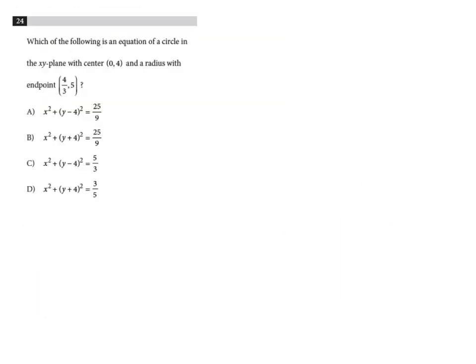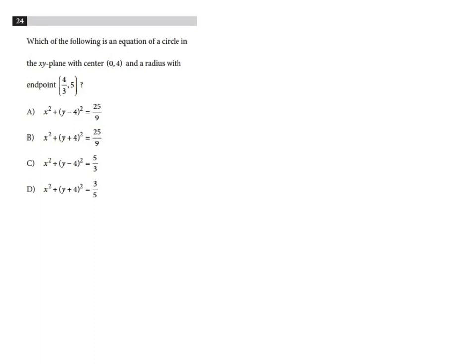Okay, so for this one, we have: which of the following is an equation of a circle in the xy plane with a center at (0, 4) and a radius with an endpoint at (4/3, 5)? Okay. All right.